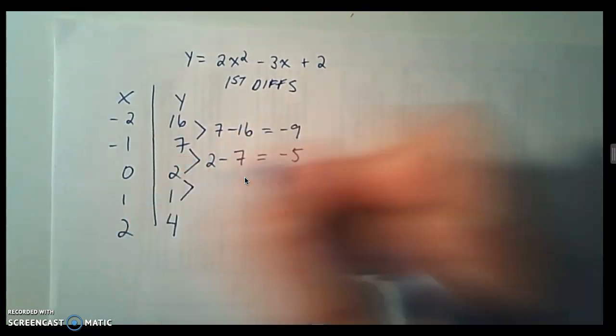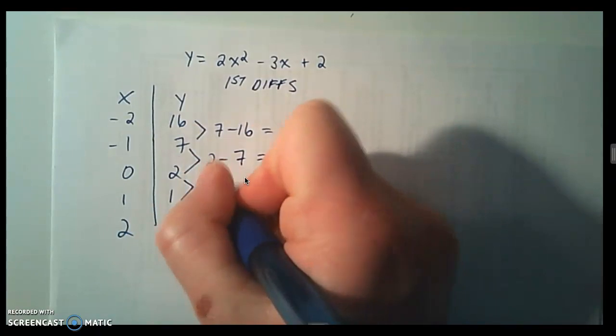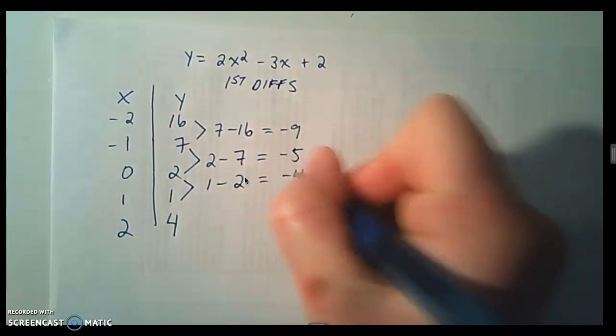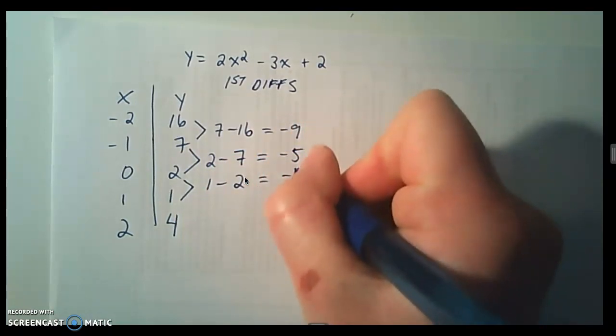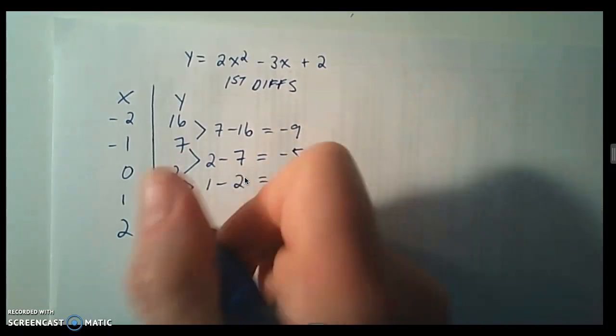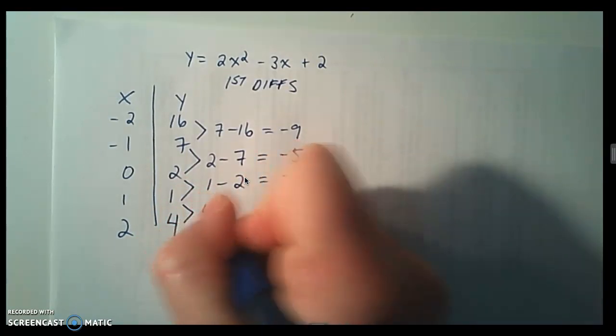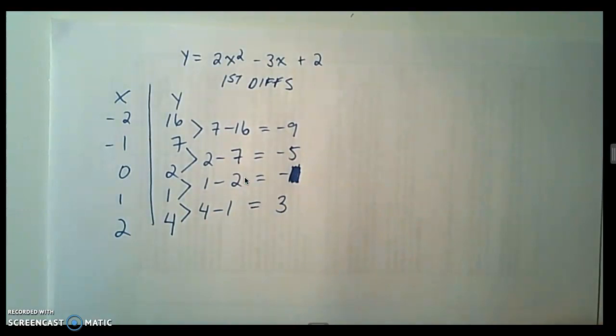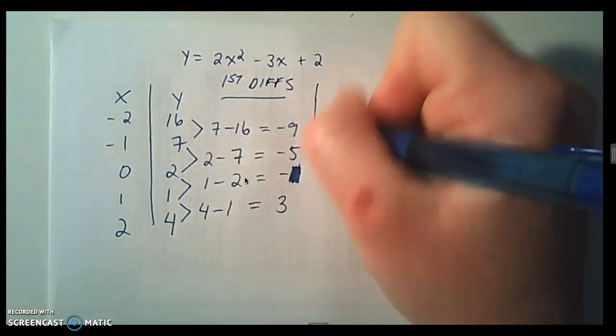Then 1 minus 2 gives me negative 1. And then I'm going to do 4 minus 1, which is going to give me 3. Okay, so that's my first differences.